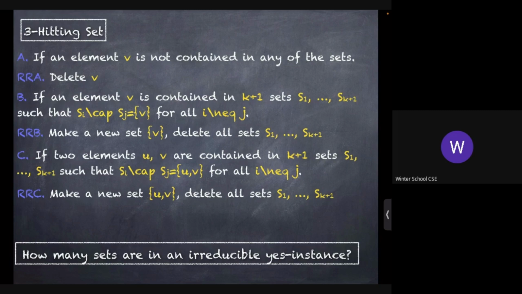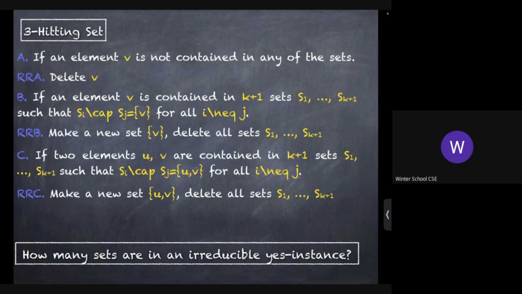First of all, I deal with isolated elements. Then, if I have an element of high degree, then I can delete this element and create a new instance. Or if I have two elements, then I can say that these two elements form a set, and delete all other sets which are hit by them.